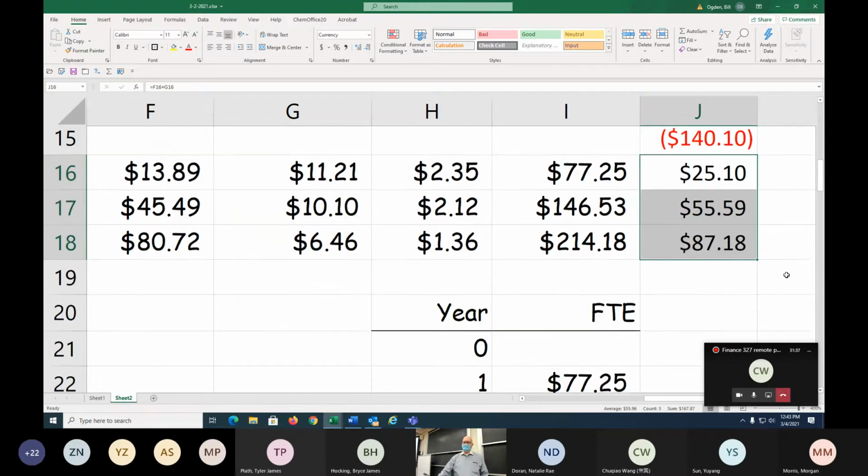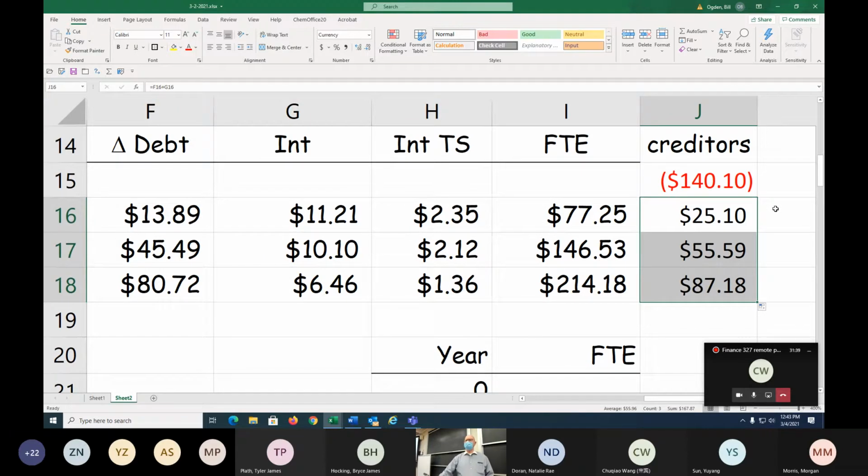And so if the creditors had a cash outflow of 140.10, followed by 3 cash inflows of 25.10, 55.59, and 87.18, what kind of return did they earn on that? What's their internal rate of return on this investment?